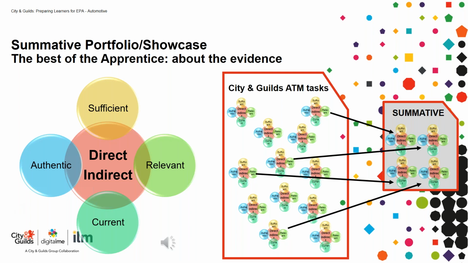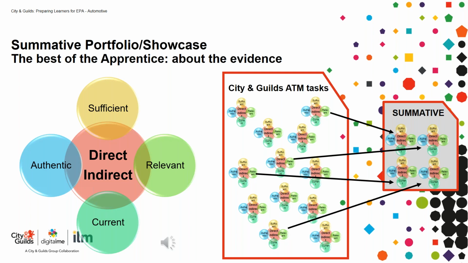Our EPA team will work with you to get this uploaded, for example, the Maths and English evidence, the declaration form, and any other mandatory evidence such as the FGAS evidence for light vehicle. At this point, you can also upload the Showcase portfolio evidence if it's ready.